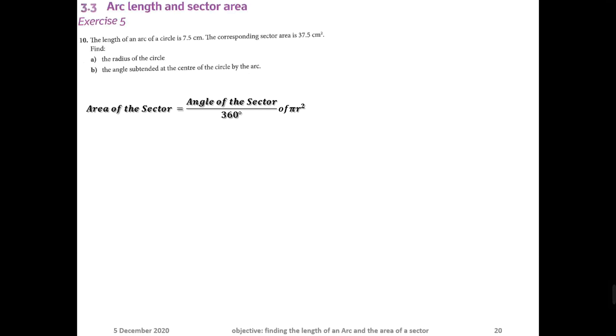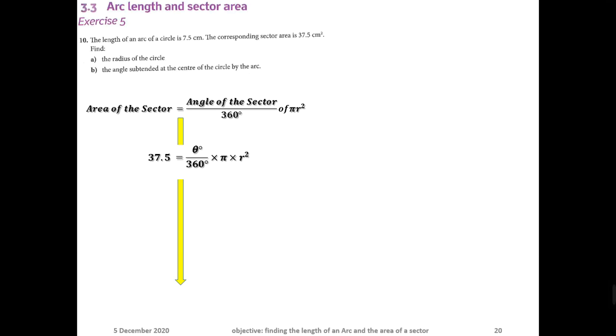So the area of the sector is 37.5. We substitute: 37.5 is equal to theta over 360 times pi r squared. If you look at this equation, there are two unknowns, theta and r squared.